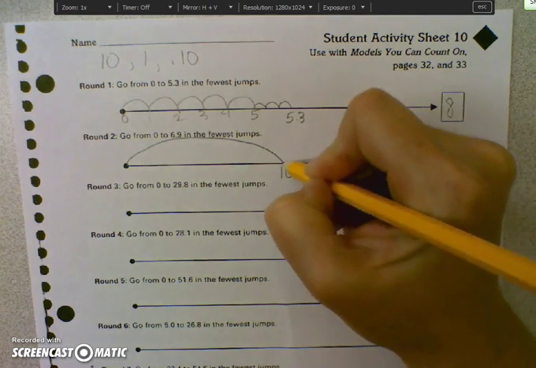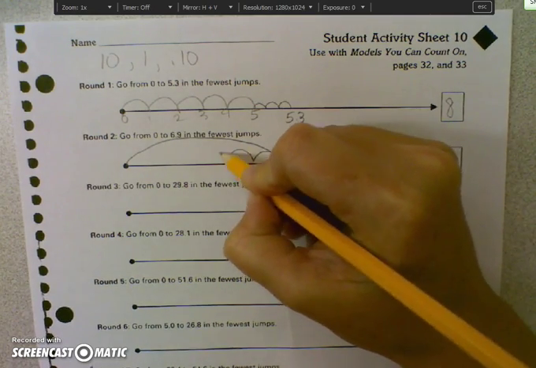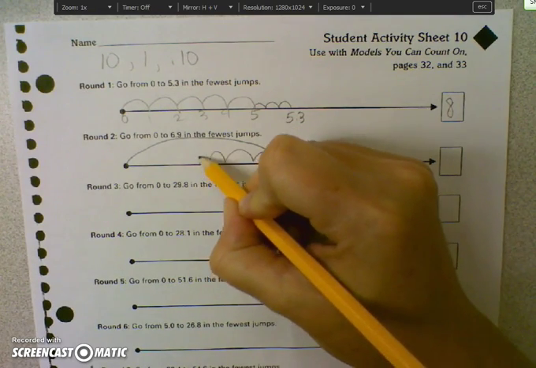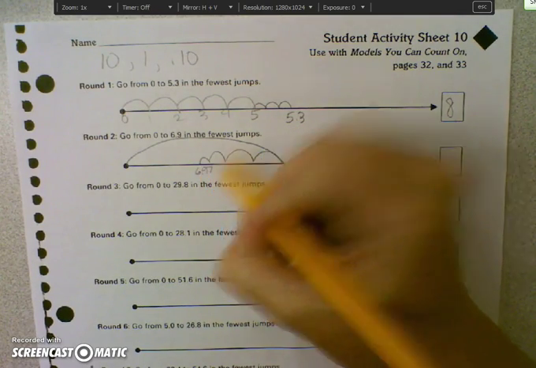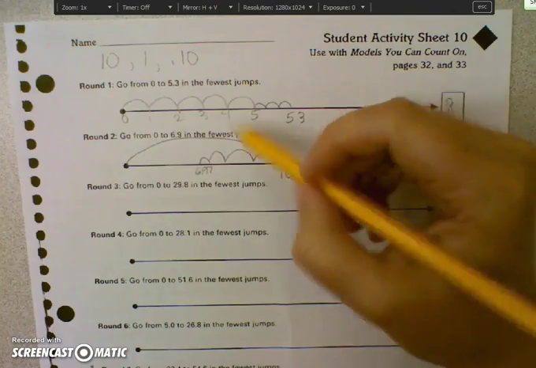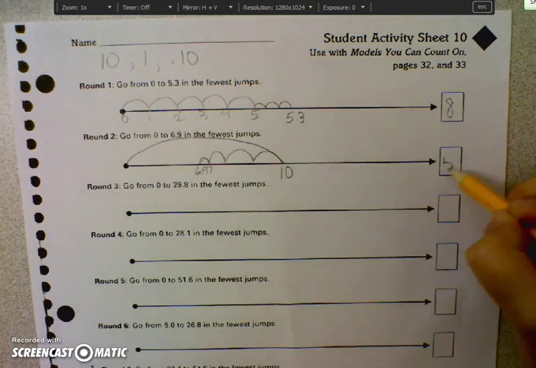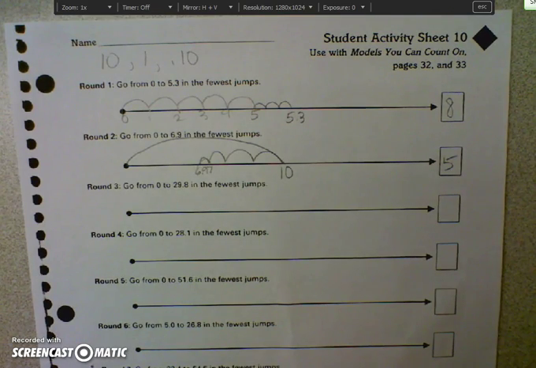I would jump back 3 to 7, and then back 1/10 to 6.9. And that would count as 1, 2, 3, 4, 5 jumps. So I could do that in 5 jumps, instead of just jumping 6 forward or 7 forward and then back 1 to 6.9.